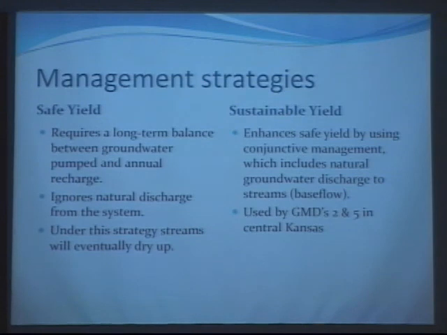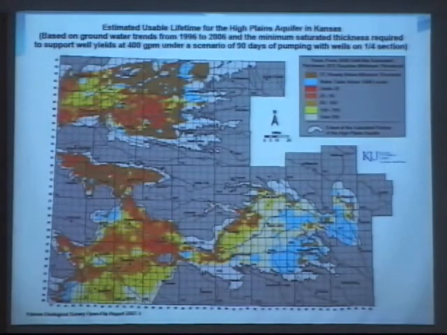And so that approach was used by the 2 districts that are more on the eastern side. So the area around Great Bend and around Wichita are following that strategy, but the people out further west are not.